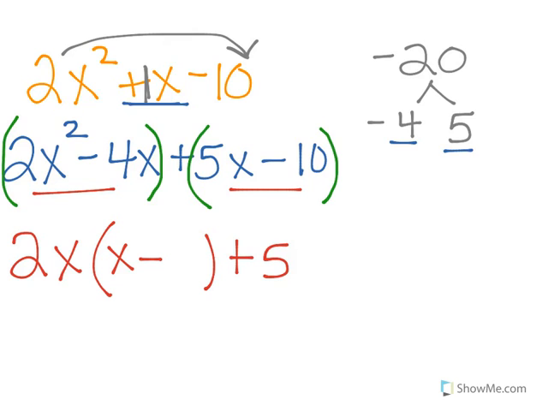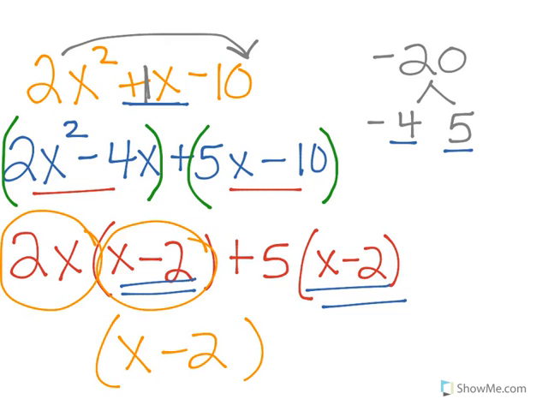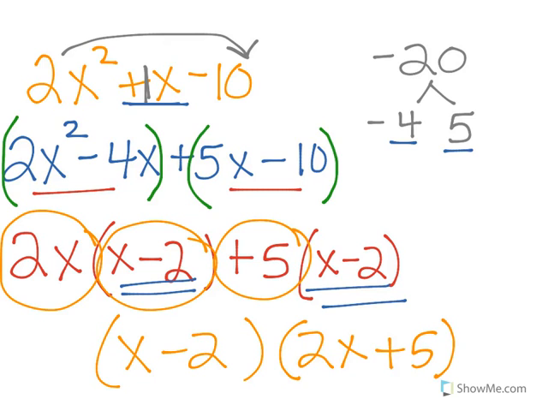I'm left with x minus 2. There we go. Sorry about that. And then my GCF in the second one is going to be 5, and I'm going to have x minus 2. I knew I caught my mistake, because these two have to be equal for it to be able to be factored this way. So then your final answer is x minus 2, and then you take the 2x and the plus 5 and you make that your second binomial. So there we go. That's your final answer.